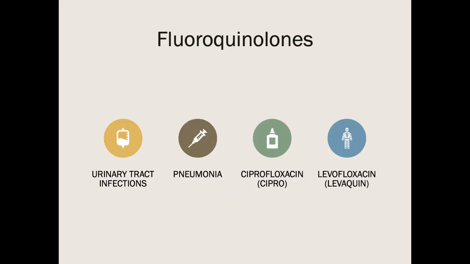And the most common in here, or maybe most common, Cipro and Levaquin. So if you've ever been on Cipro or Levaquin for an infection, or you know someone who has, you know that these are broad spectrum and they've got some kind of gnarly side effects because they are killing off our good bacteria, especially within our GI system.